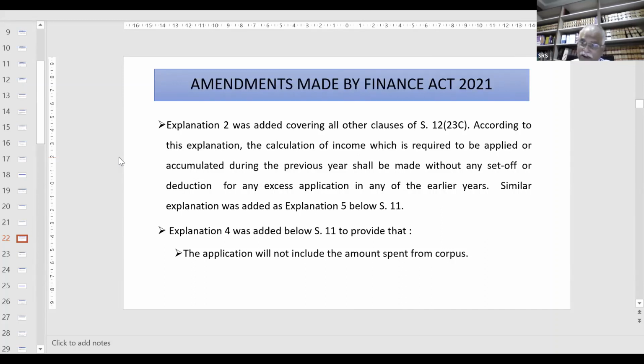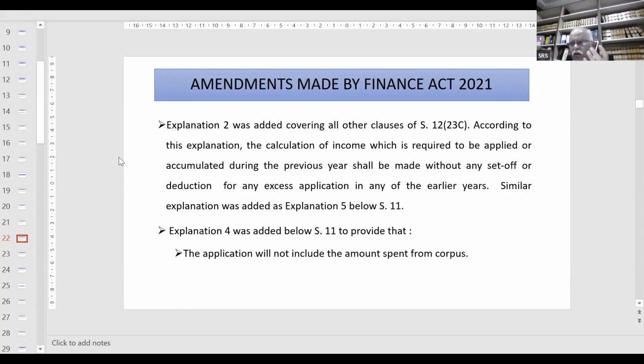courts have held yes. As I said, on this issue there can be any number of arguments. If you look at the language of section 11, all it says is out of the income you should apply, that means what should be applied is the income.